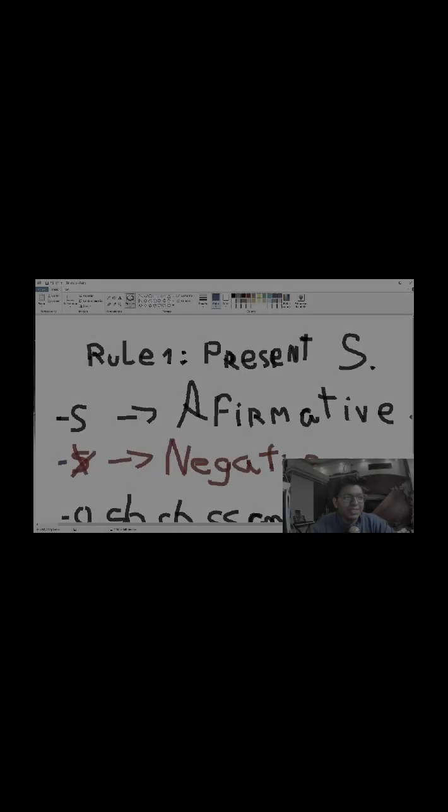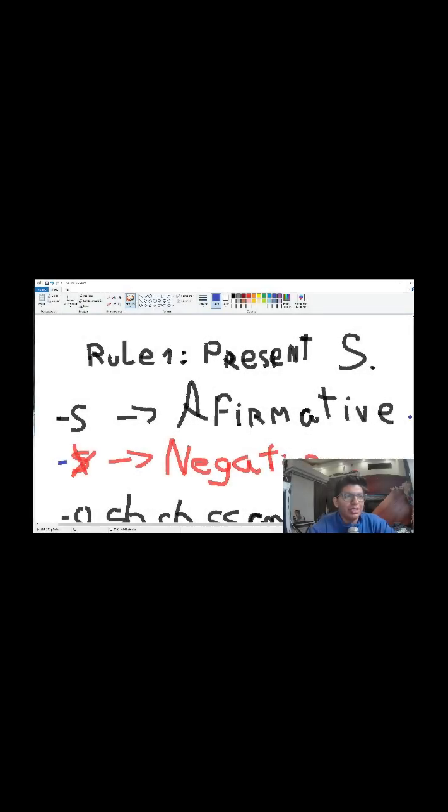Good morning. Today, I am going to talk to you about rule number 1 of the present simple sentence. This is my blackboard. Rule number 1 tells us that in a simple present affirmative sentence, all verbs have s added to the end.